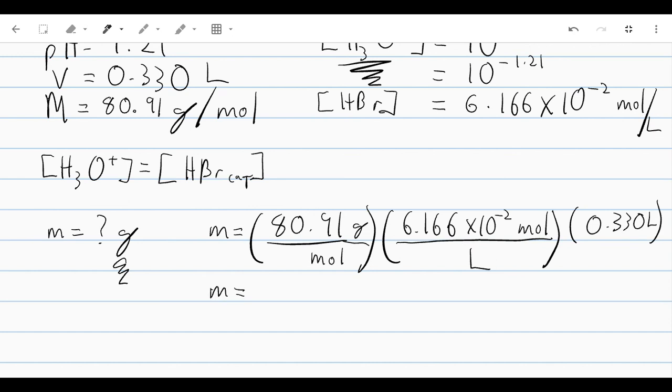I do all of those calculations, and I get as my final answer 1.6 grams. Now, why is it 1.6 here?